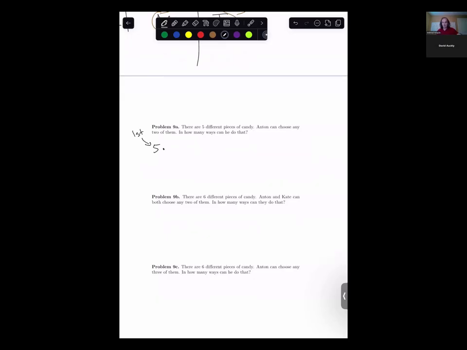Yeah, we already picked the first candy, so there are only four options left, right? So there were physically five pieces of candy, and we pick one, and now we need to pick the second, right? So there are only four options for the second. Okay, so do you think this is the correct answer? So there are 20 different ways to pick two pieces of candy.